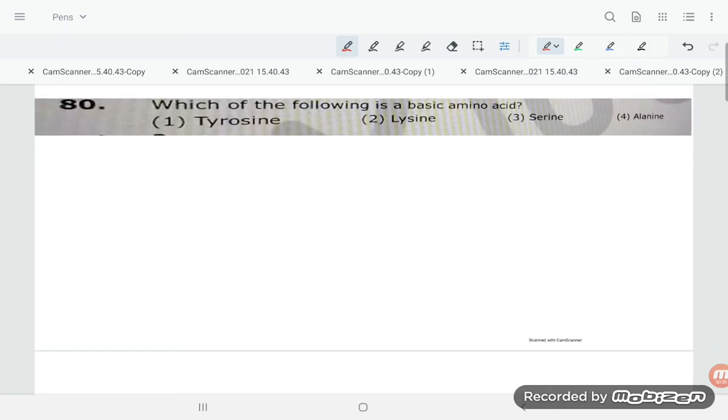Question 80. Which of the following is a basic amino acid? Tyrosine, lysine, serine, and alanine. Okay, so for question number 80, our answer is that the basic amino acid is lysine, because here you see the NH2 group is there, and here is CH2 four times.